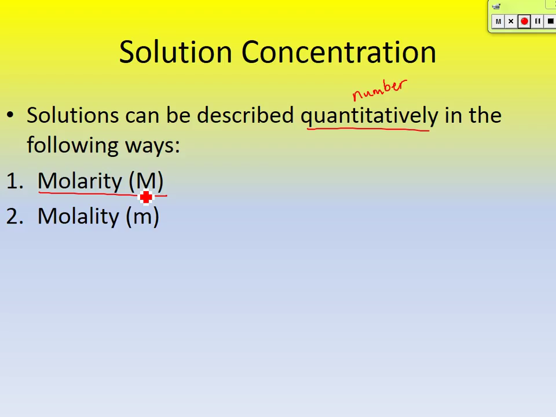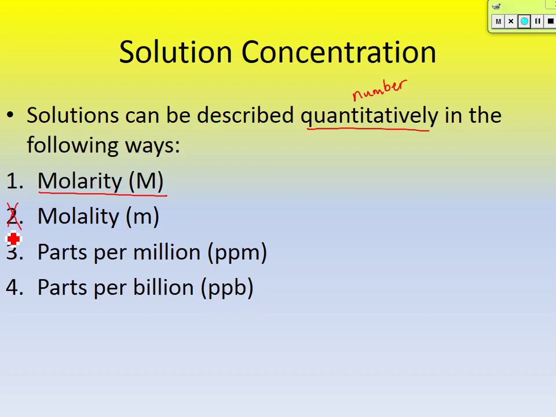Molality sounds kind of the same as molarity, but molality is given the symbol lowercase m. In fact, we're not even going to talk about number 2. It's used sparingly in chemistry. 3 and 4. Okay, let's talk about them.